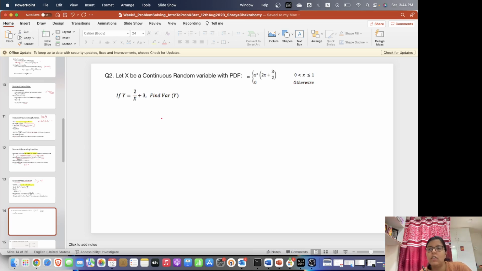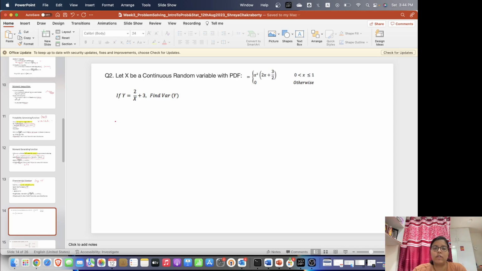So here we have a continuous random variable, and this is our PDF: x square 2x plus 3 by 2. Now we have been given that y equal to 2 by x plus 3. So what we have to do is find the variance of y.